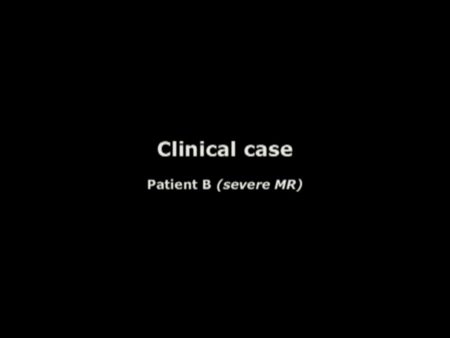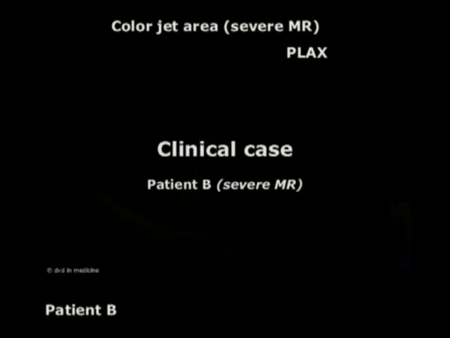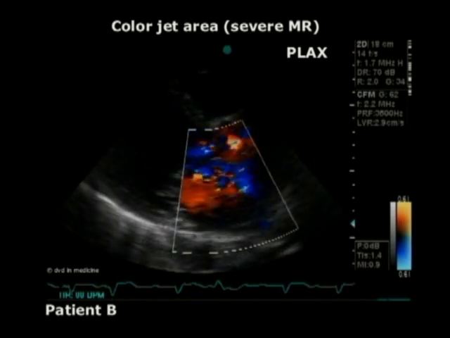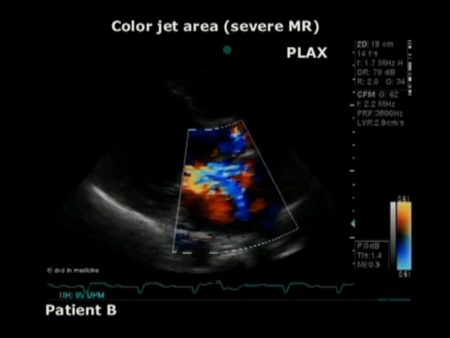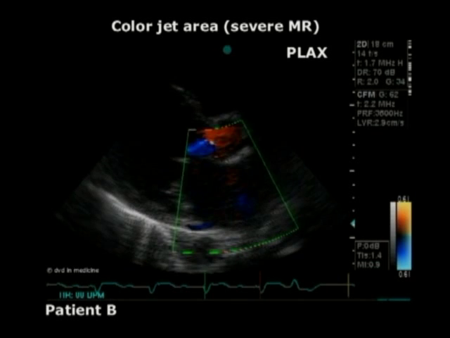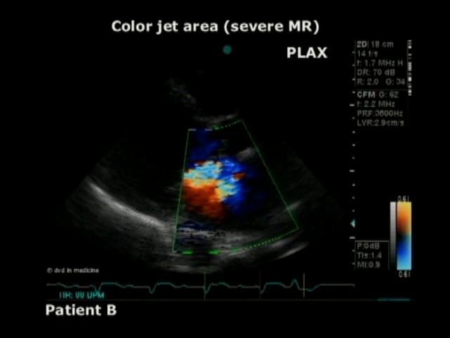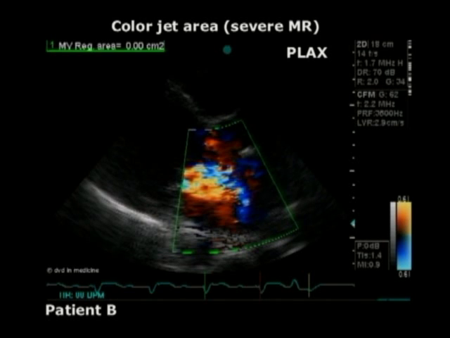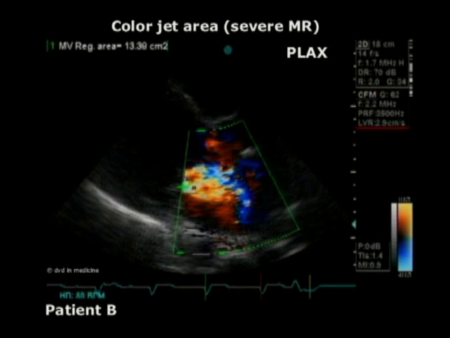Patient B with severe MR. The jet area is around 13 centimeters squared.